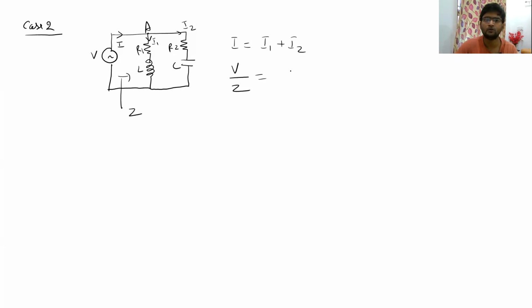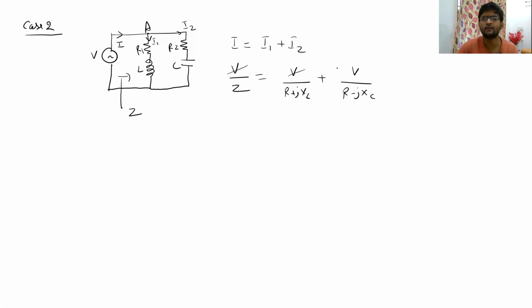Will be equal to V upon the combination of R1 and L. So we can call it as R plus J XL, plus the second one will be V upon R minus J XC.